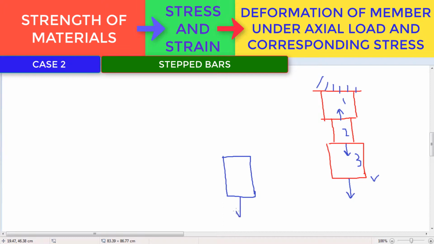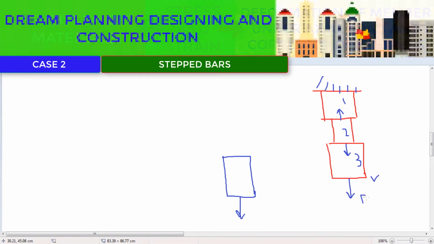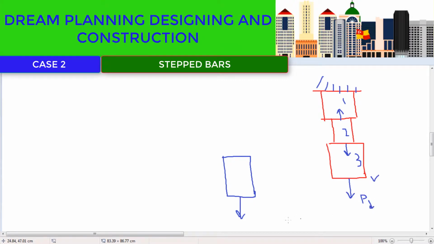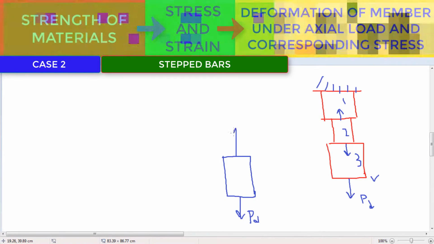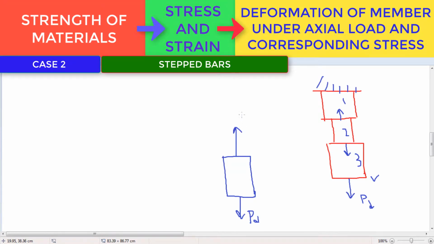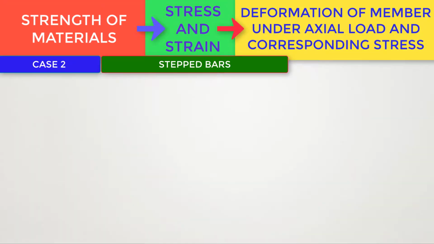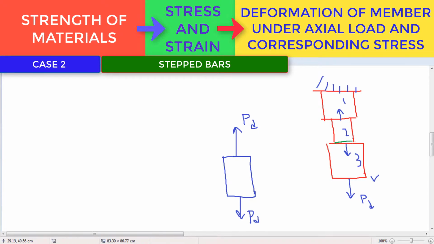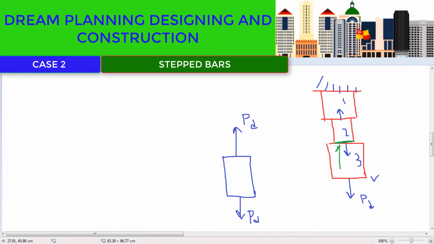Here there is an applied load in this direction. If we denote this by PD, then in the opposite direction there is a load that is also PD. Here PD acts upward at this joint.